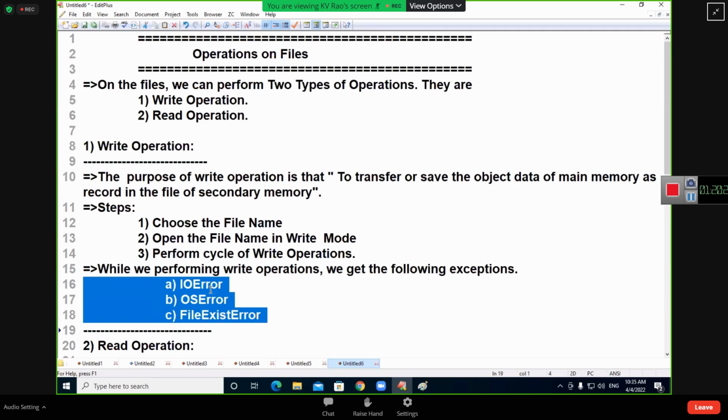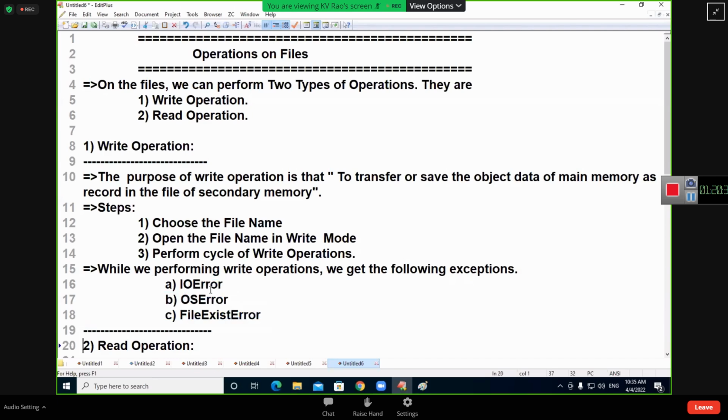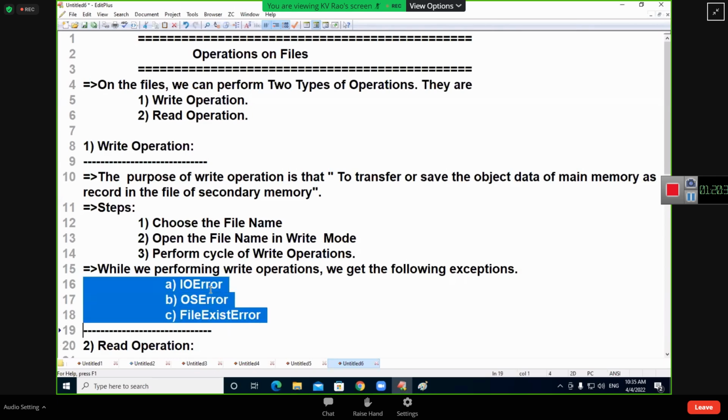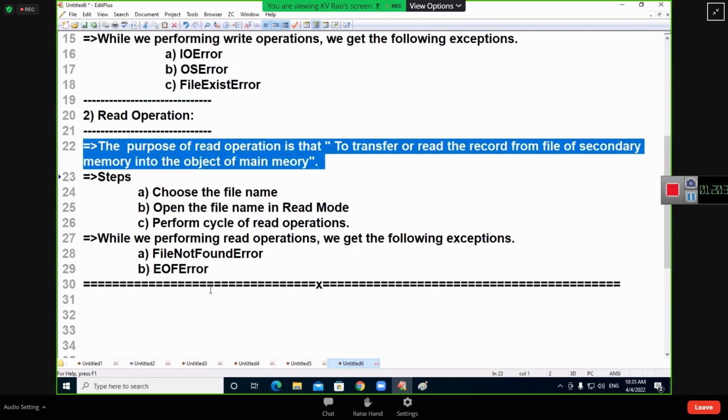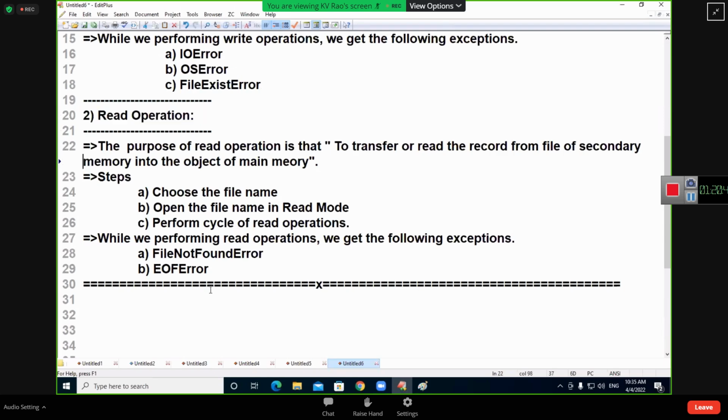Yeah, I will show all these things practically in the class. Regarding exceptions, don't worry, but try to remember it. Next, coming to read operation: what is the use of read operation? Transferring the data from file of secondary memory into main memory is the operation of read. How many steps?